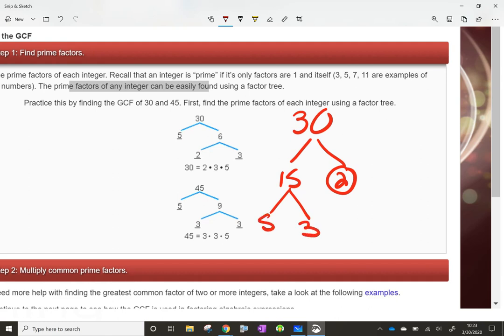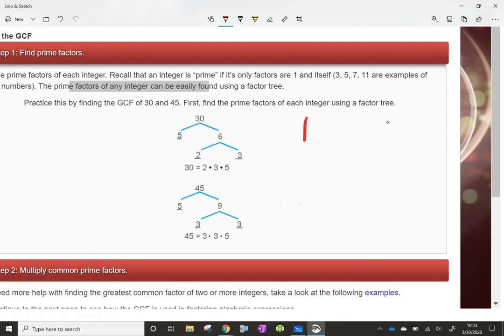Again, these are all multiples. It's not numbers that you're adding together. It's numbers that are being multiplied together. Okay, factors are numbers that can be multiplied to make these other numbers. 5 ends that branch. 3 ends that branch. And again, you see the same result, 5, 3, 2, right? Same numbers, so it doesn't matter how you break it down. You'll always end up with the same prime factors.